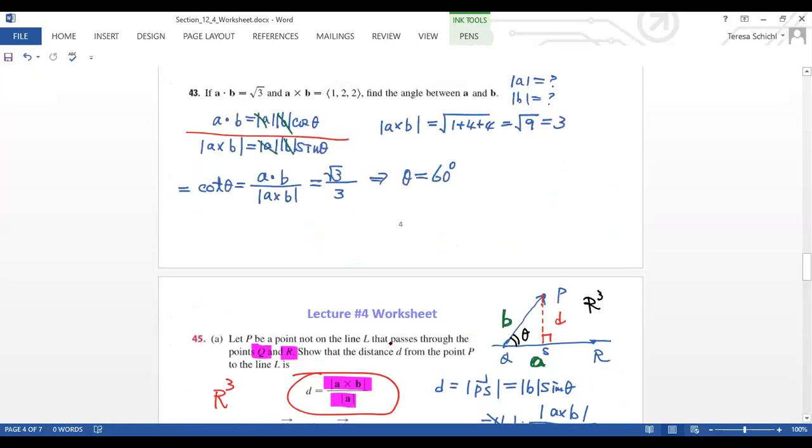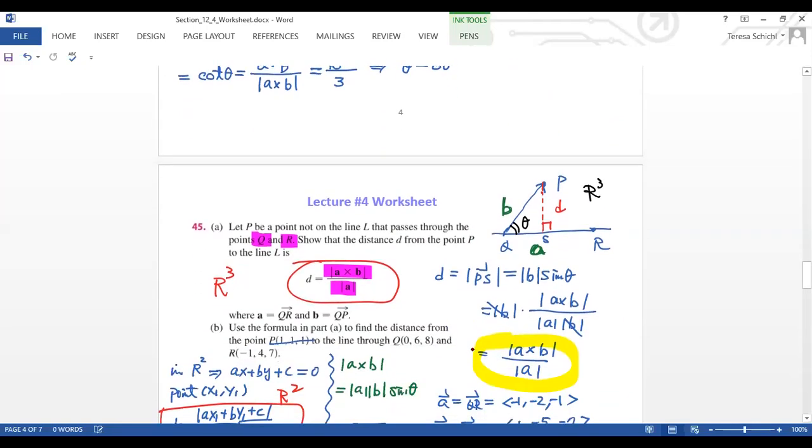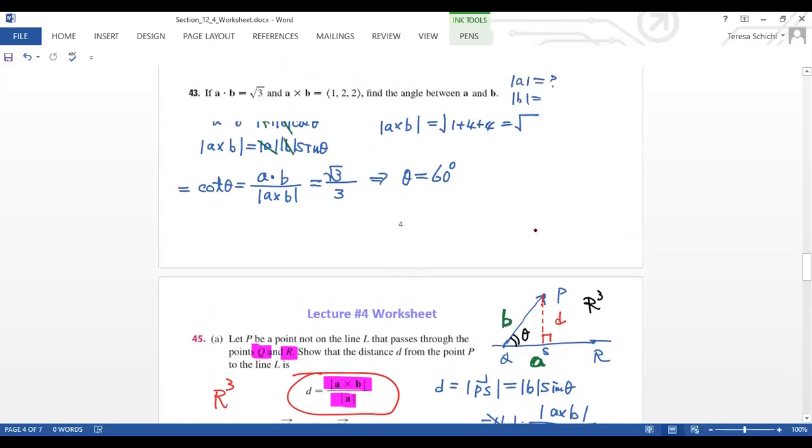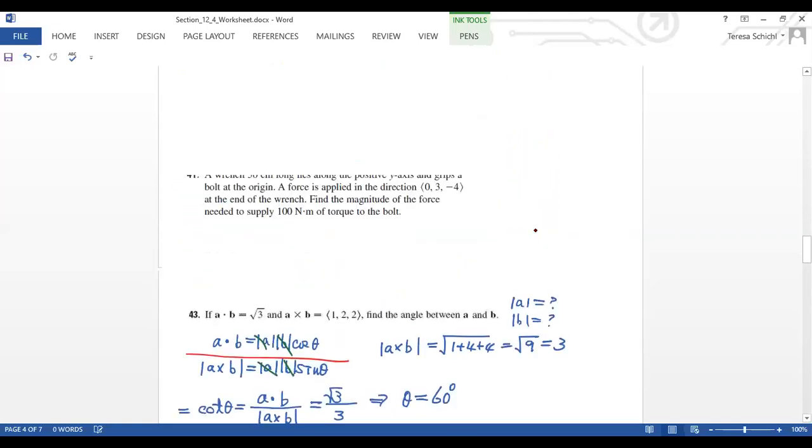The geometry applications simplify a lot. In geometry, we never talked about what a line looks like in R3. We don't even know how to write the line equation in R3. So how do I find the distance here?